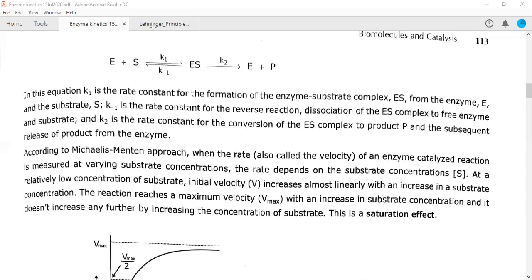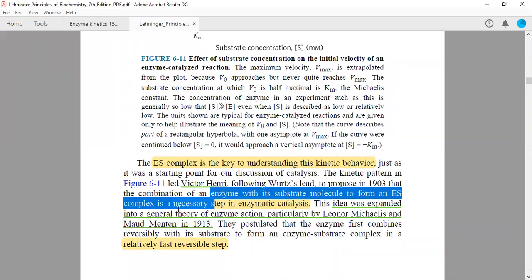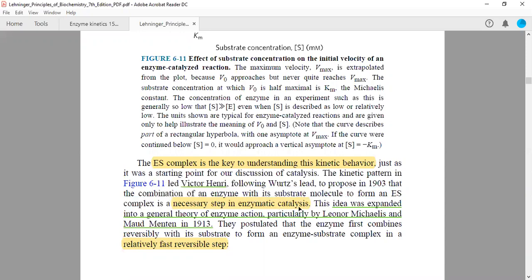Let me give you details of this process. Okay, so here, this enzyme substrate complex is the key to understanding this kinetic behavior. One scientist called Victor Henry, following the Wood's reaction, which you have studied in chemistry, proposed in 1903 that a combination of an enzyme with a substrate molecule to form an enzyme substrate complex is a necessary step in enzymatic catalysis.